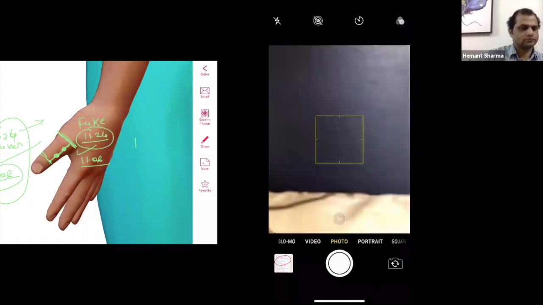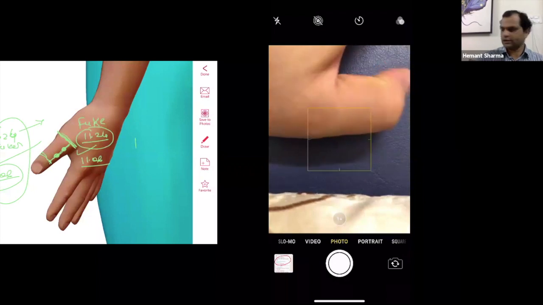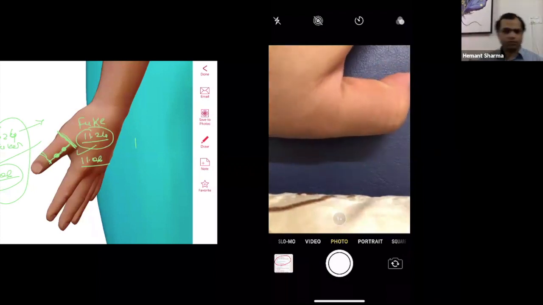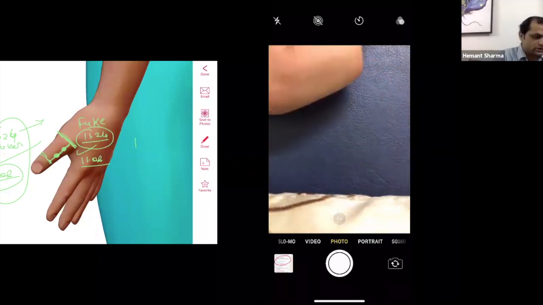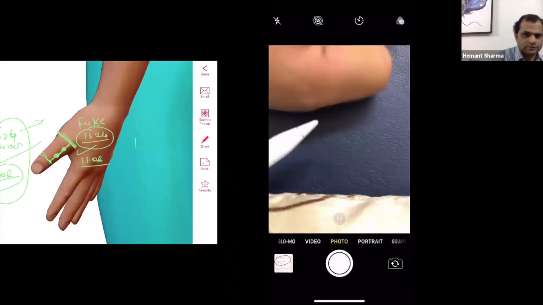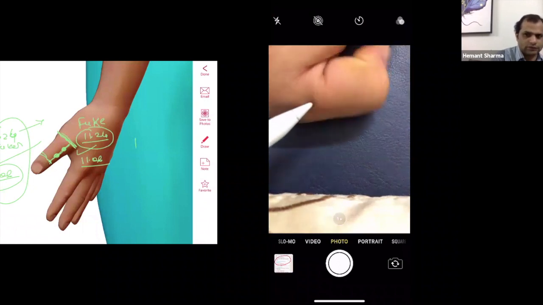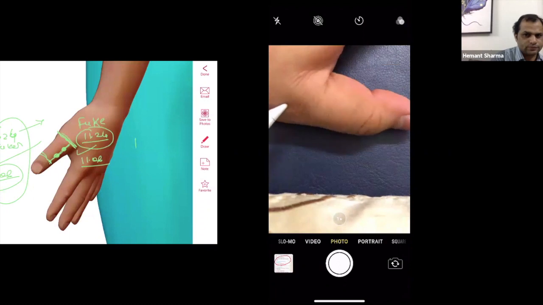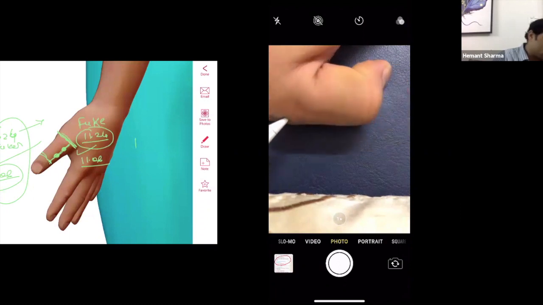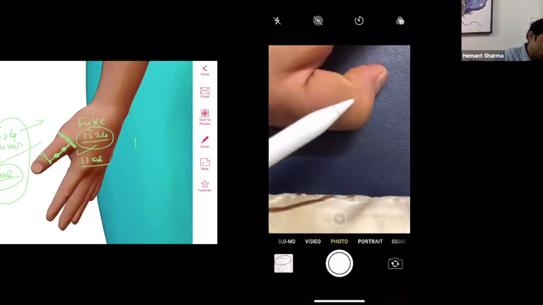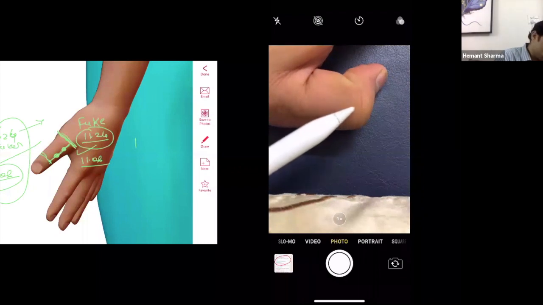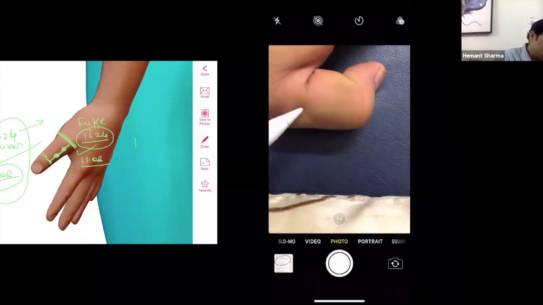Yeah, clear now. So we can see here, this is the knuckle of the thumb, and this is the distal joint. In between, only in this much area, we take 2 points at equal distance.